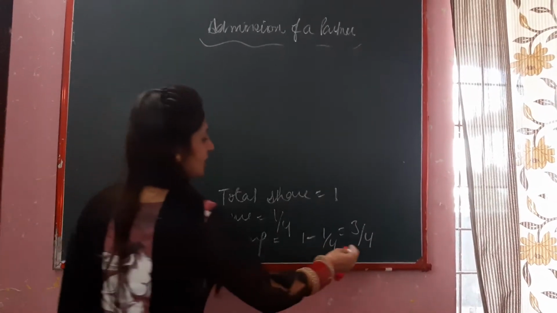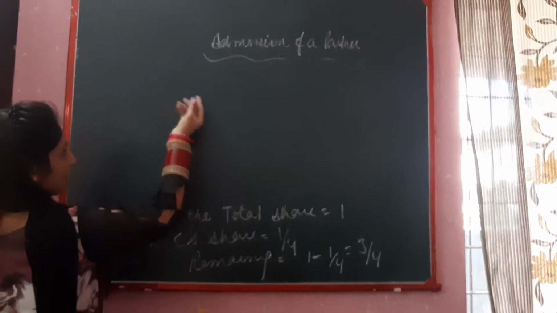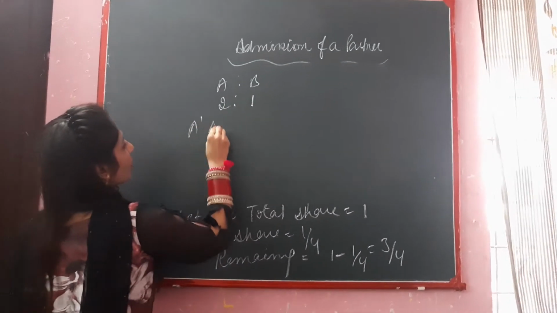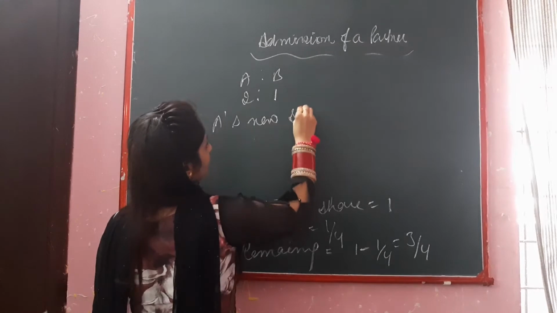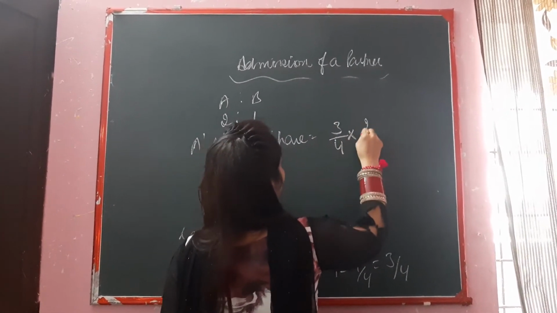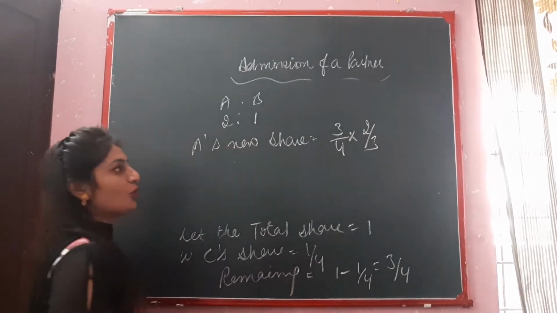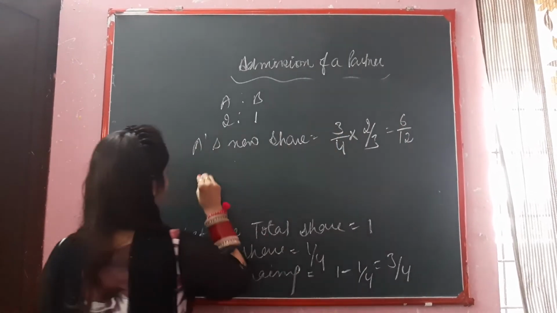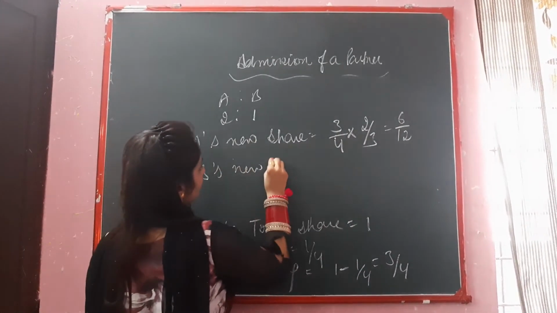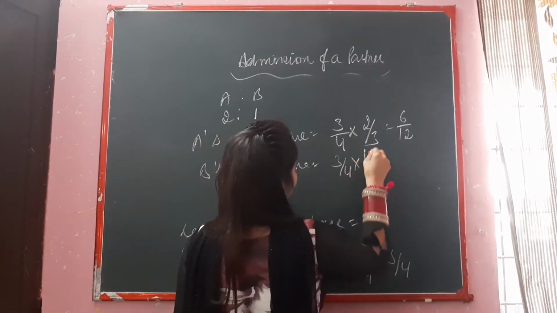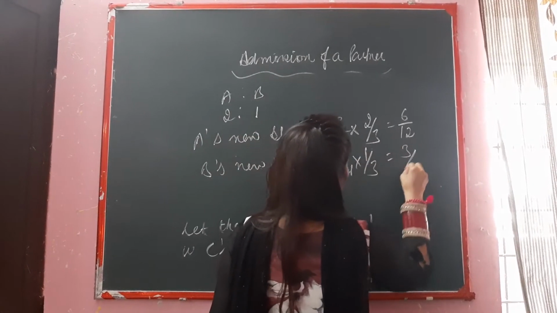Now the remaining share, that is 3/4, will be divided among the old partners in their new ratio. What is the new ratio of old partner? It is given, that is 2:1. So A's new share will be 2/3 of 3/4, which is equal to 6/12, and B's new share, that is 3/12, right?